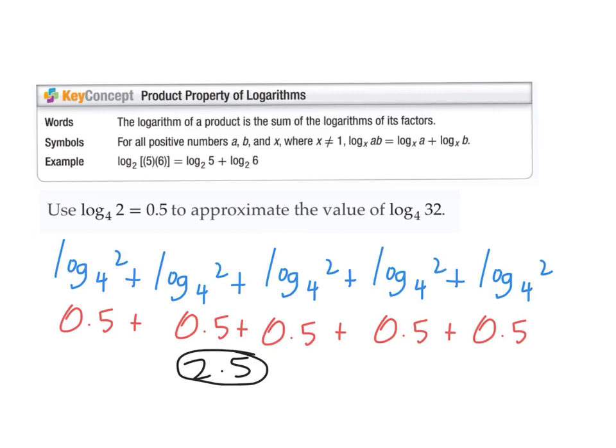How can I come up with this number with the information given? Since I was only given log base 4 of 2, I was stuck with the idea that I had to only use that. And we were able to figure out that 2 times 2 times 2 times 2 times 2 equals 32. Okay? Questions on that?